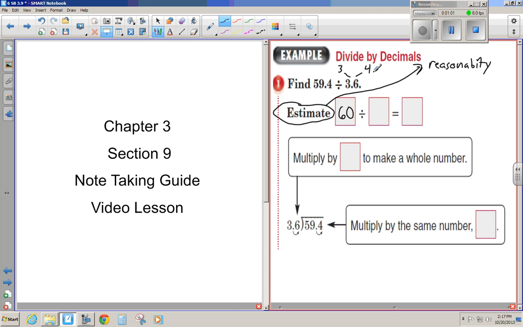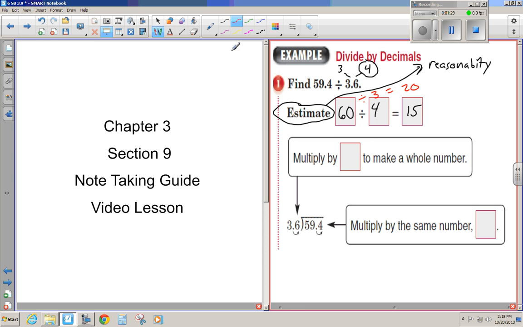If you know what 60 divided by 4 is, that's a good estimation. I'm going to divide by 4, because I know 60 divided by 4 is 15. If you divided by 3, you would get 20. So your answer should be somewhere around this range, 20, 15 time frame.